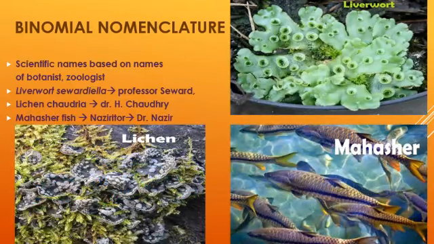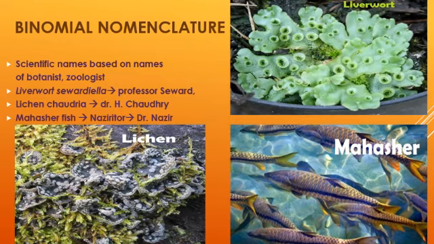There are many scientific names which are based on the names of zoologists or botanists to whom the species or the whole group, genus, is dedicated. Here we have some examples. Liverwort Sewardiella was given the name after a distinguished botanist, Professor Seward.